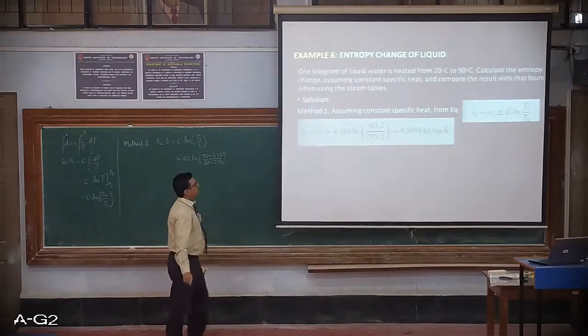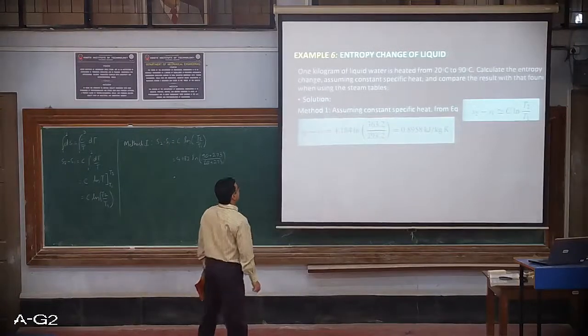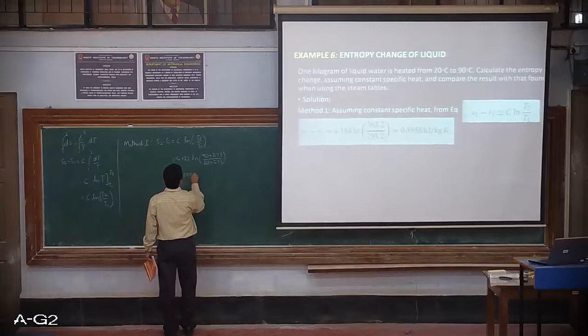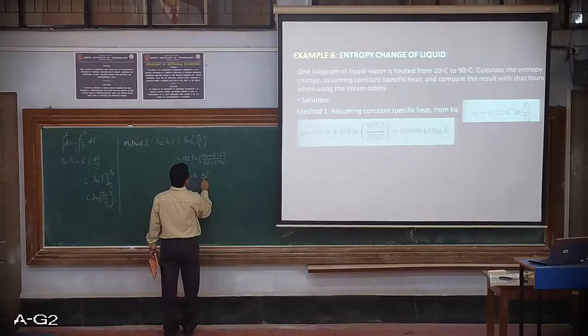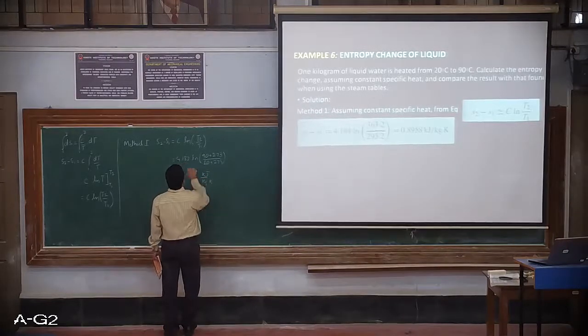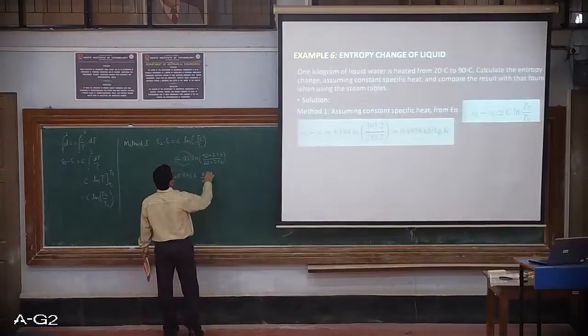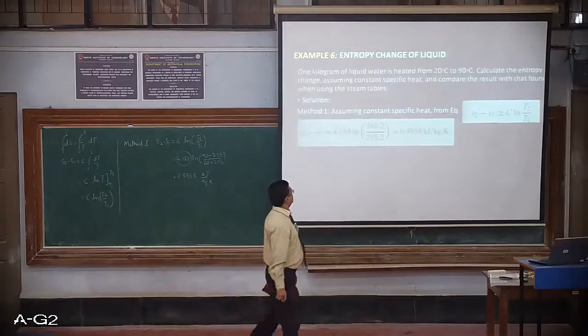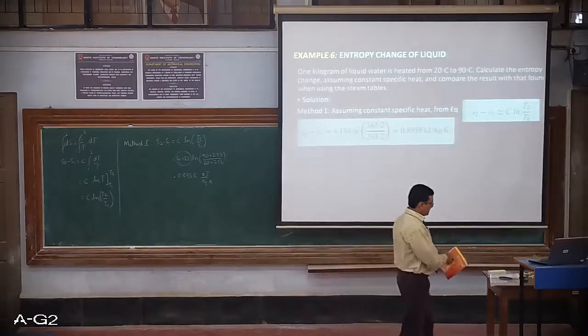Calculating that, we get 0.8958 kilojoule per kg Kelvin. As simple as that.